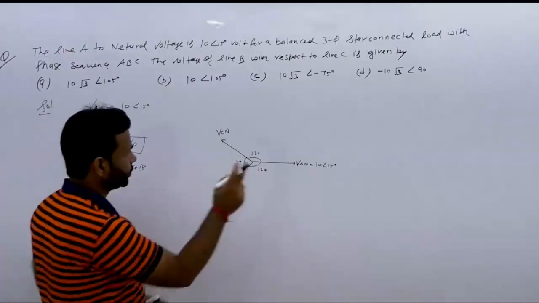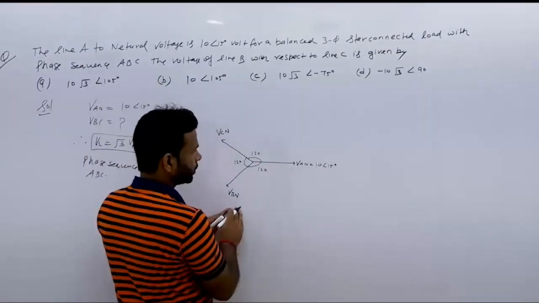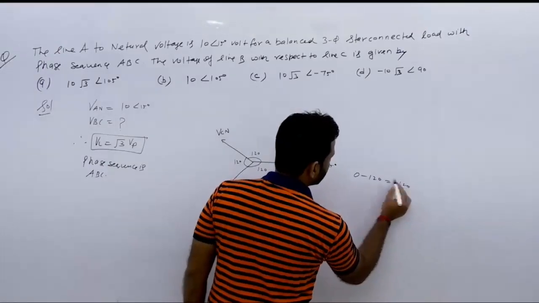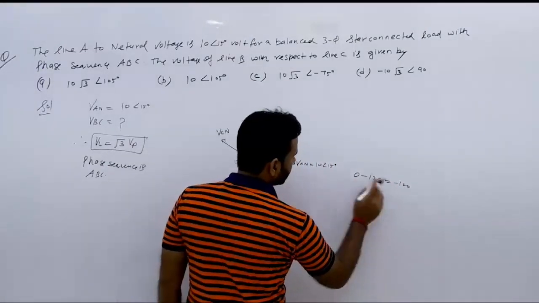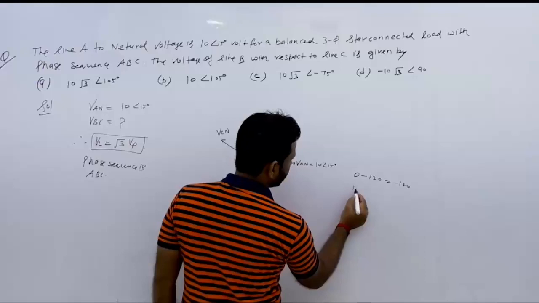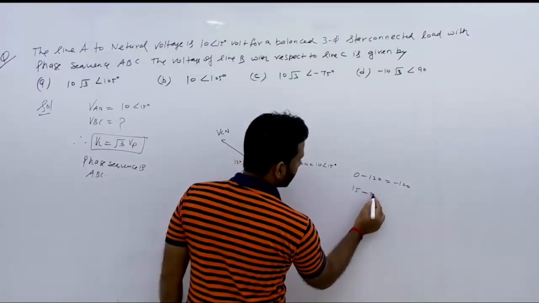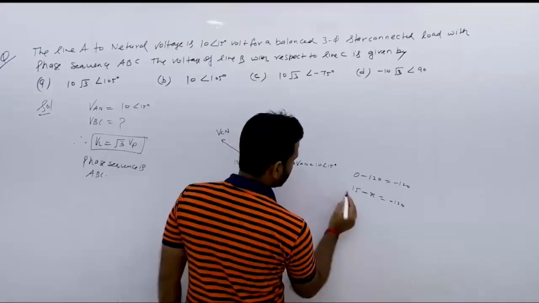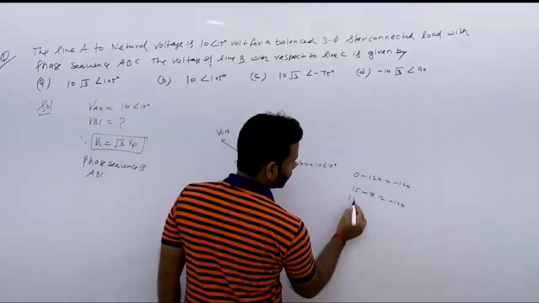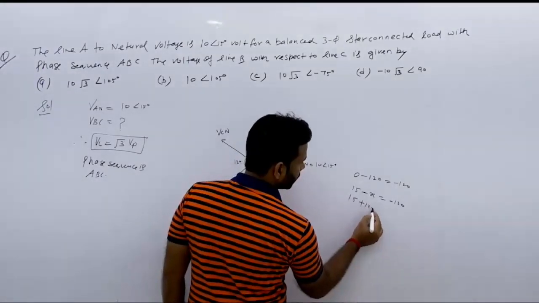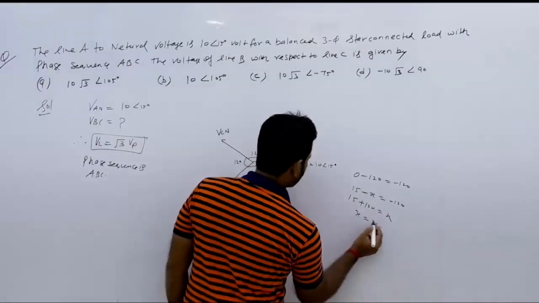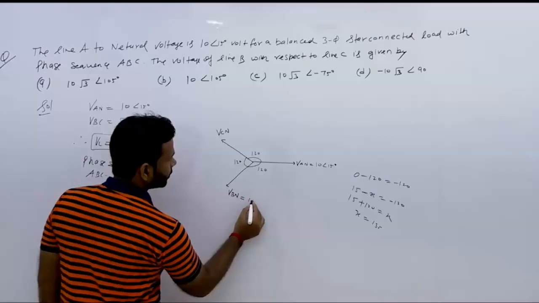So if it is 0, then it is -120. Okay, then 0 minus 120, that is -120 degree. Now to have a 120 degree phase shift, it is 15 minus x equals -120, so it is 15 plus 120, it is x. So it should be 135 degree.